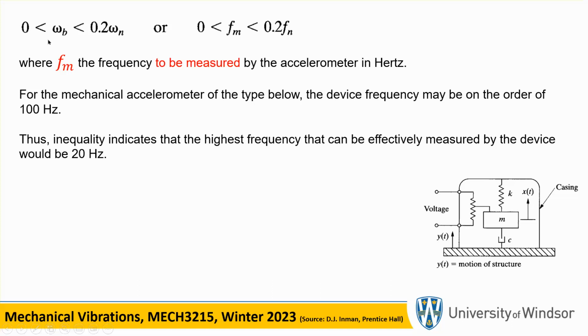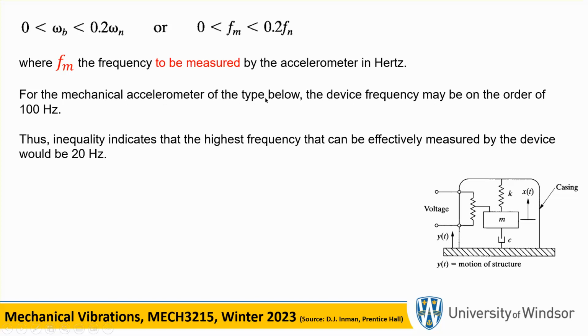In other words, dividing by 2 pi gives you fm, and if you take omega n divided by 2 pi, you get the natural frequency of the accelerometer in hertz.